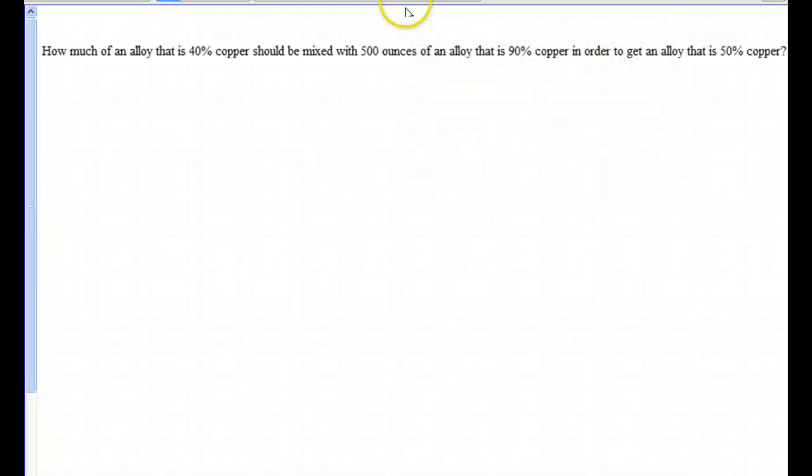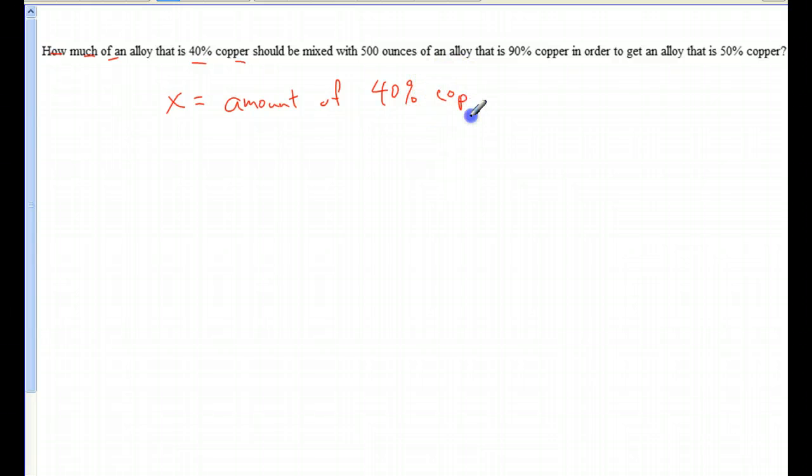Look at what you're being asked. How much of the 40% copper? So X is the amount of the 40% copper, mixed with, again, we're going to add 500 ounces times 90% copper, 0.90, in order to get a mixture that's 50% copper.